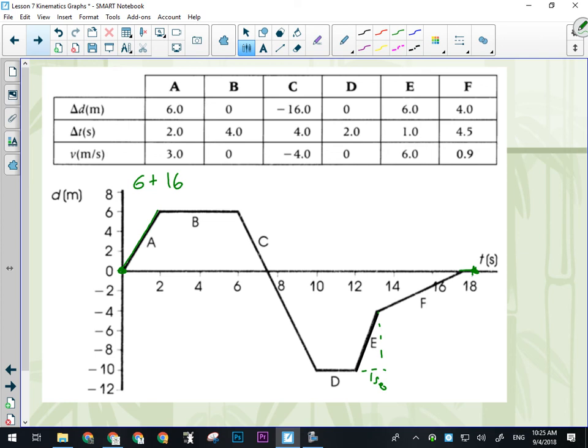And then we go from -10 back to 0, okay, over the next 2 sections. Okay, so that's another 10 meters. All right, so 26 plus 6, 32 meters. What's the average speed over the whole trip? Probably need a calculator for that one.